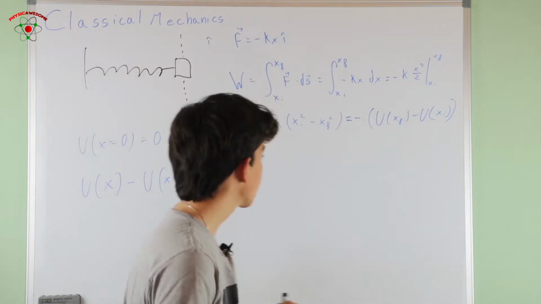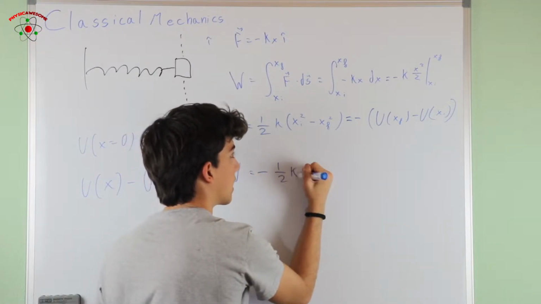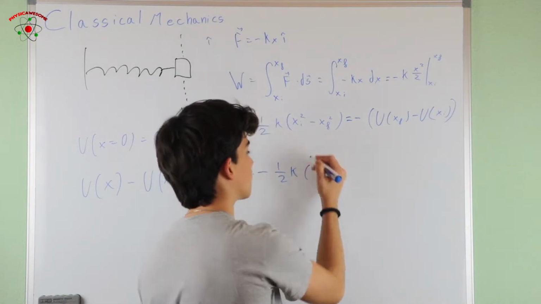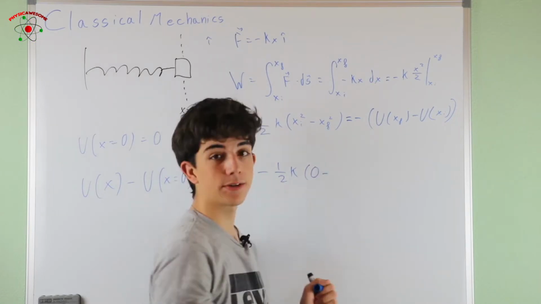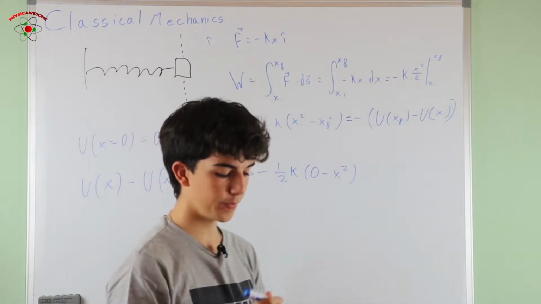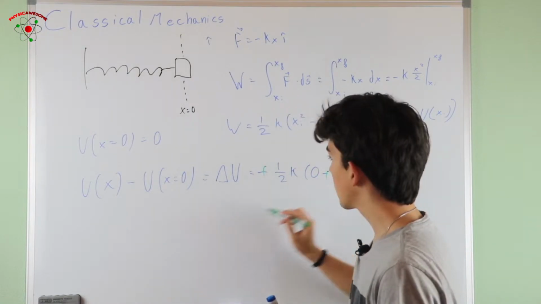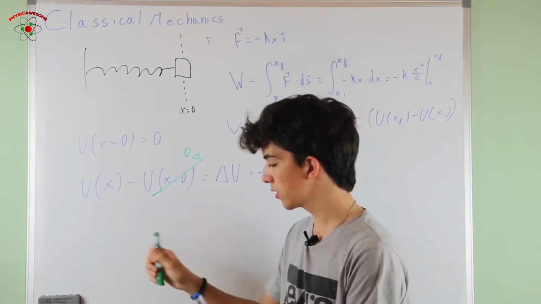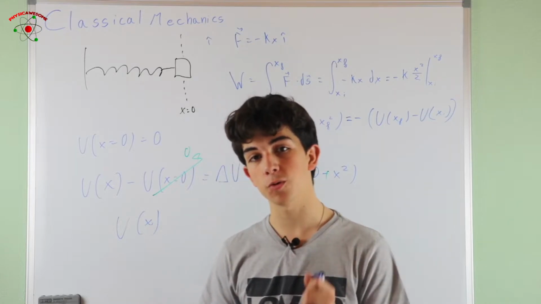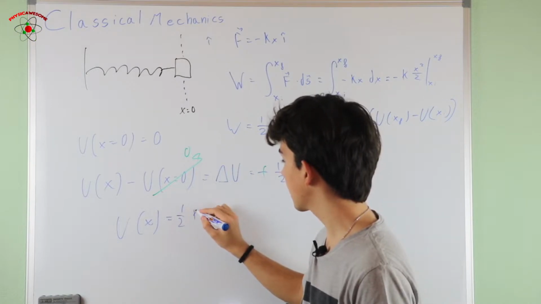So what we find is minus 1/2 k times xi squared, which we have defined to be x equals 0, so this is 0, minus xf squared, which we have said is going to be x in this case, so it's minus x squared. Now we have some cancellations of the minus signs, and we have defined the initial potential energy to be 0. Therefore the potential energy at an arbitrary point for a spring is equal to 1/2 k x squared.